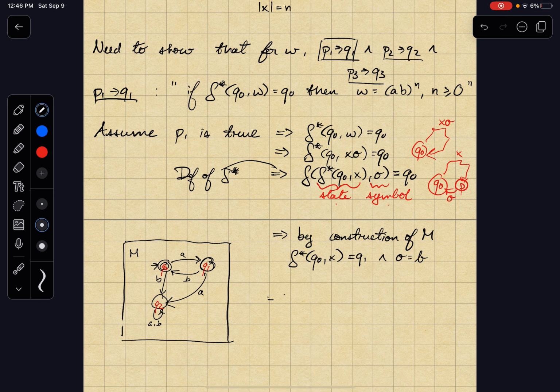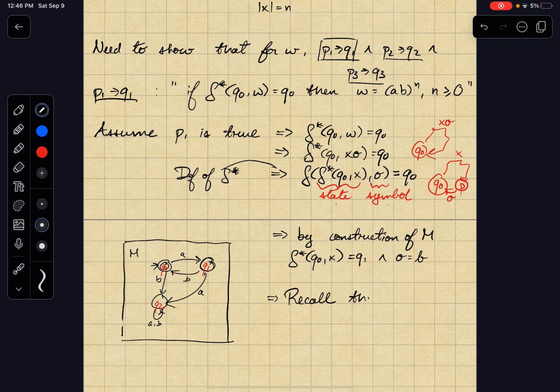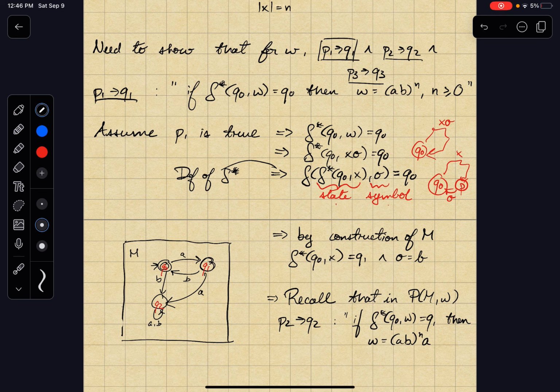So now let me just recall that in Pm of W, if P2 then Q2, that statement is: if delta star Q0W is Q1, then W is ABN A for some n greater or equal to 0.